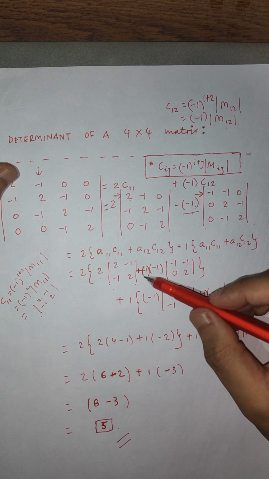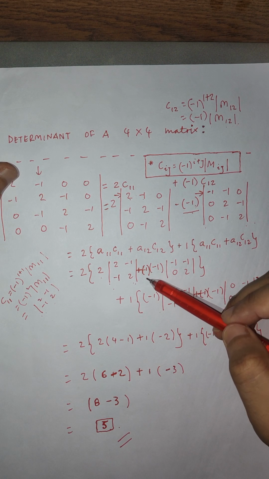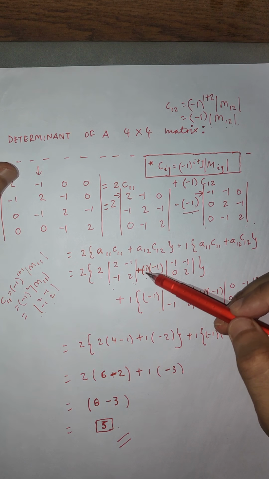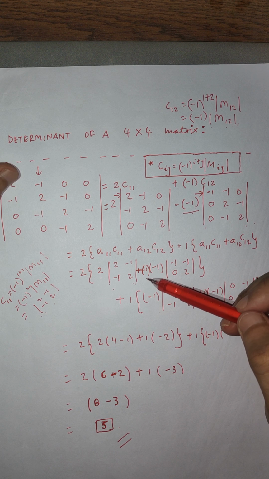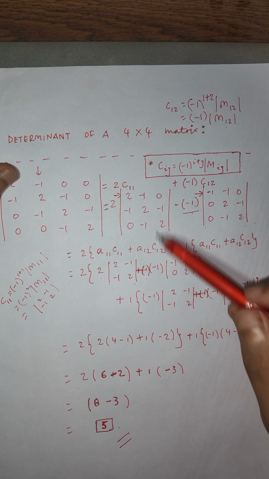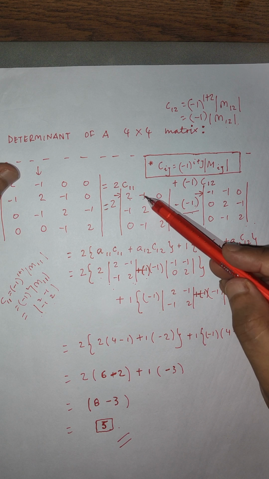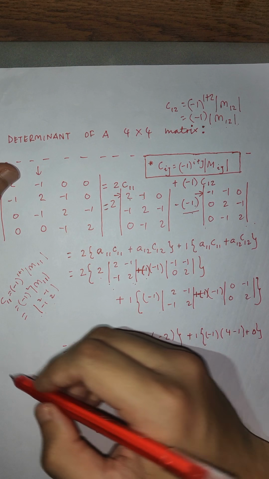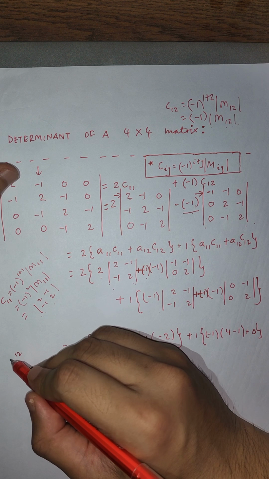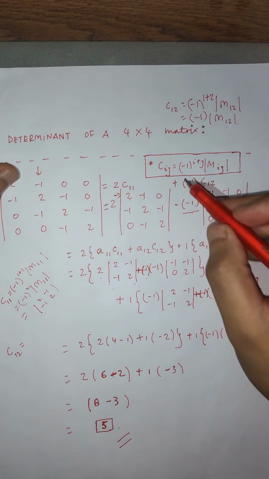So plus -1, and then we need to multiply -1 with the cofactor for this -1. The position of -1 is 1 2, and to find out the cofactor for 1 2, we use this formula.